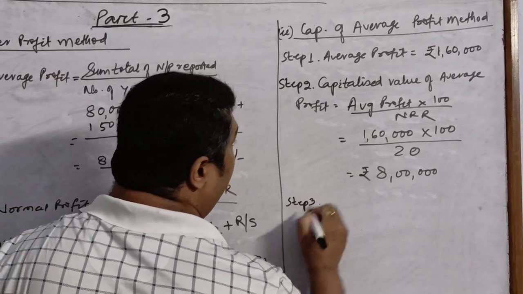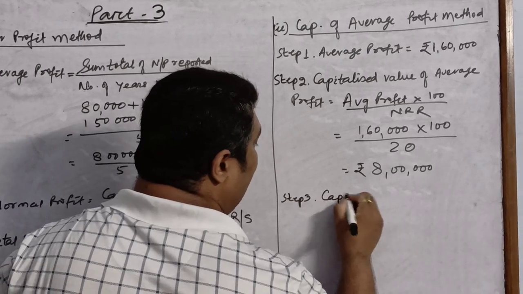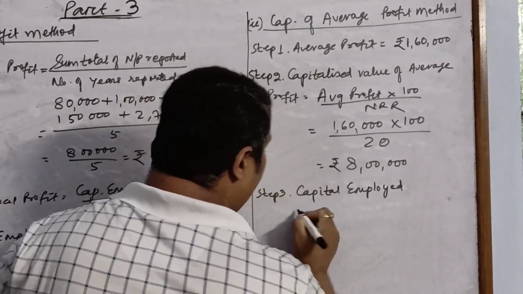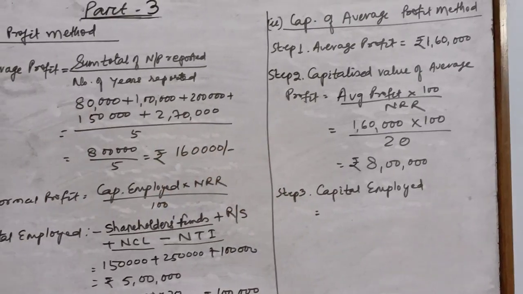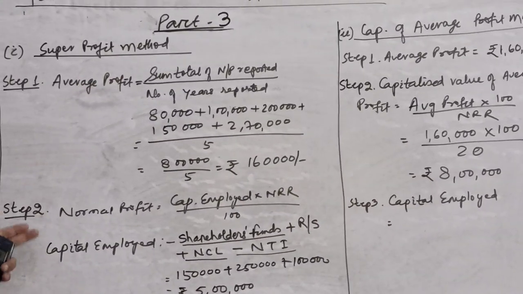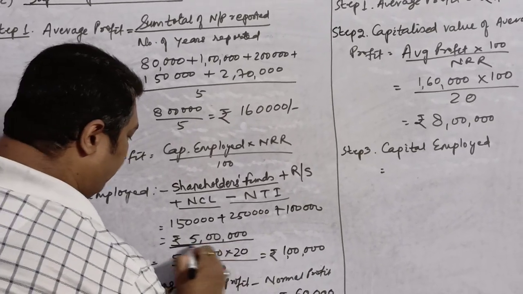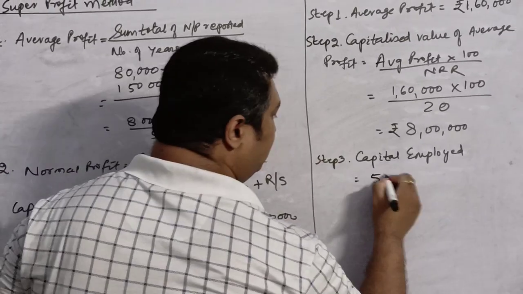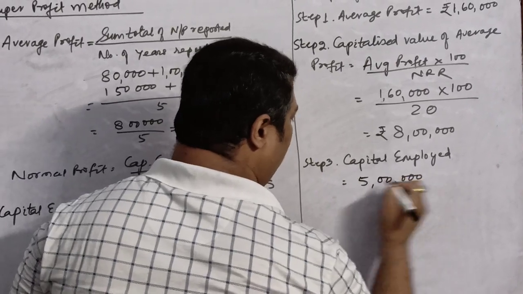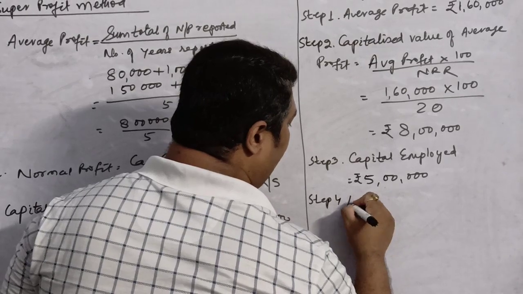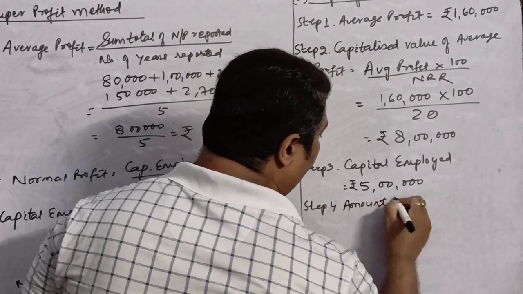Step number 3 is to find out capital employed. Children, just now while calculating the super profit method, we calculated the capital employed and the amount was rupees 5 lakhs. So I will use the same capital employed here also, rupees 5 lakhs. Step 4 is to find out the amount of goodwill.